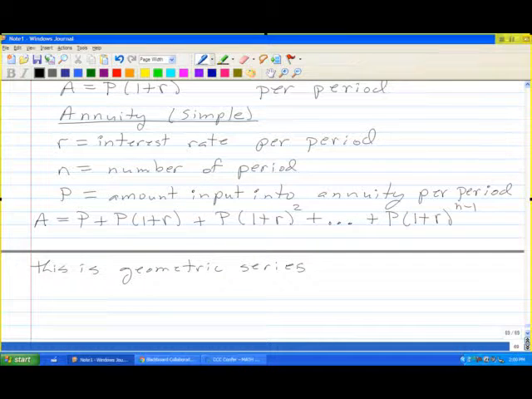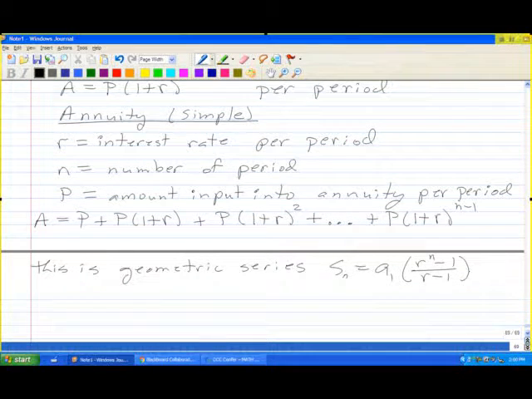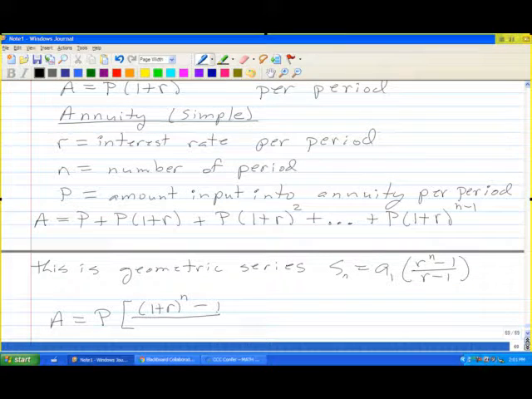And so the formula for your geometric series was Sn is equal to A1 times R to the n minus 1 over R minus 1. Okay, so let's do that for this. In this case, the very first amount, A sub 1, was P. R in this case is actually 1 plus R, and you do it for n, so that's good. 1 plus r minus 1.